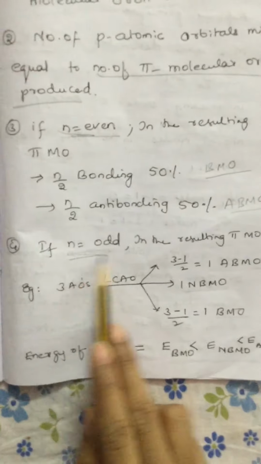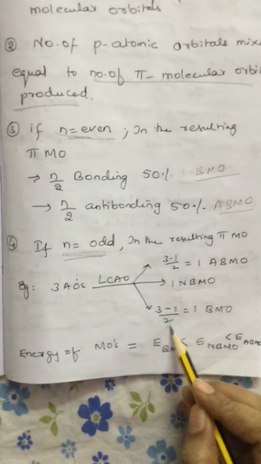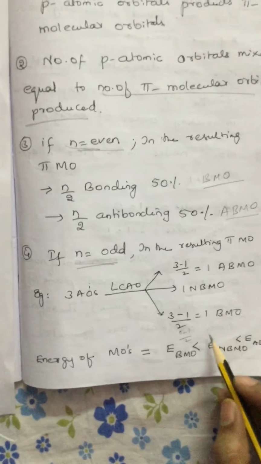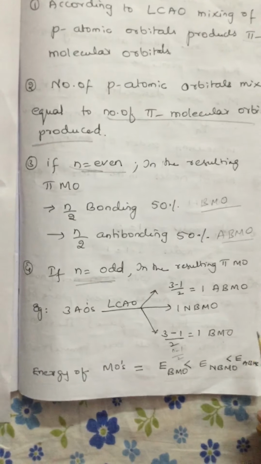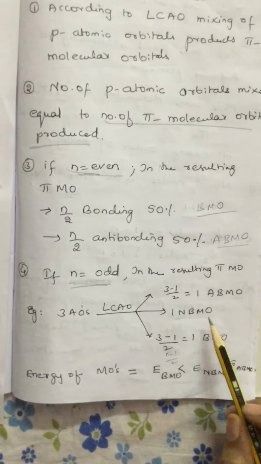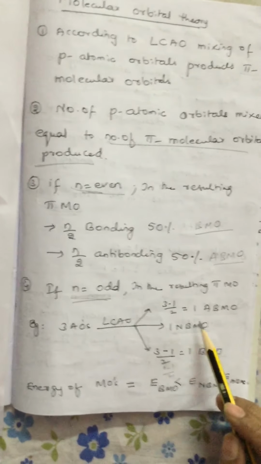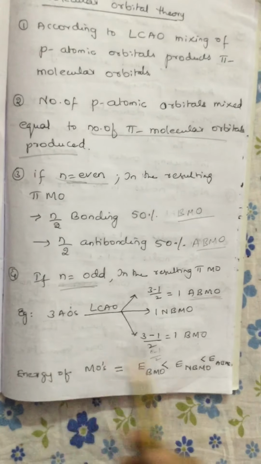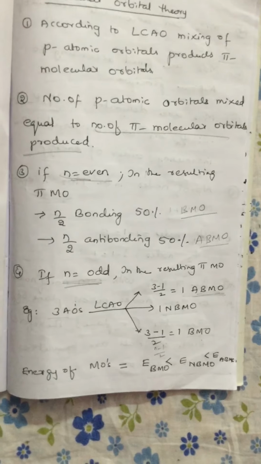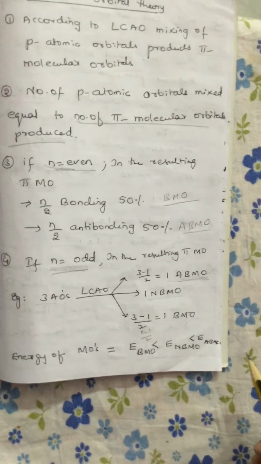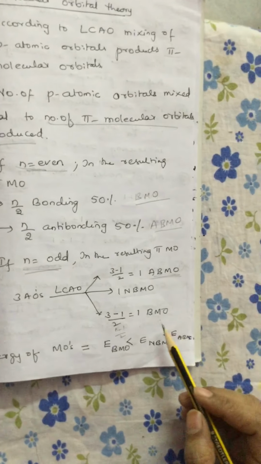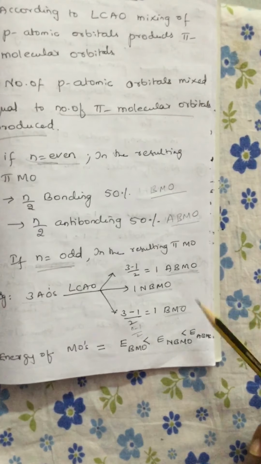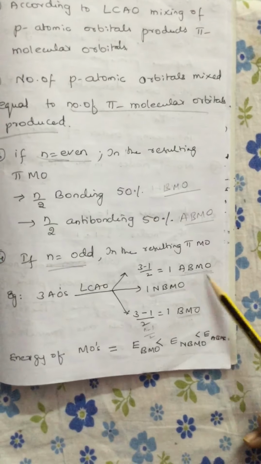If n is odd, then you will have n minus 1 by 2 bonding molecular orbitals, 1 non-bonding molecular orbital, and n minus 1 by 2 anti-bonding molecular orbitals. Here I have taken the example that 3 atomic orbitals upon linear combination will result in 1 bonding, 1 non-bonding and 1 anti-bonding molecular orbital.